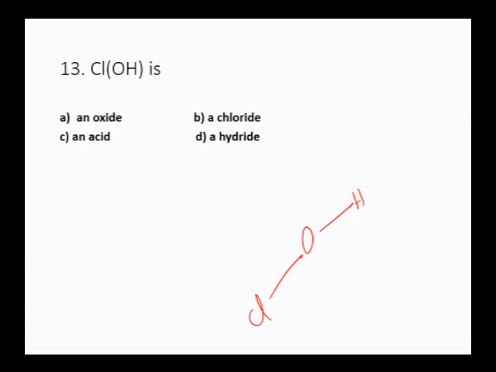Options are oxide, chloride, an acid and a hydride. The hydrogen atom is attached to the oxygen atom and it is removable. Hence, as per the theory, it acts as an acid. It donates a proton. Hence, the name is also hypochlorous acid. So, answer is C.